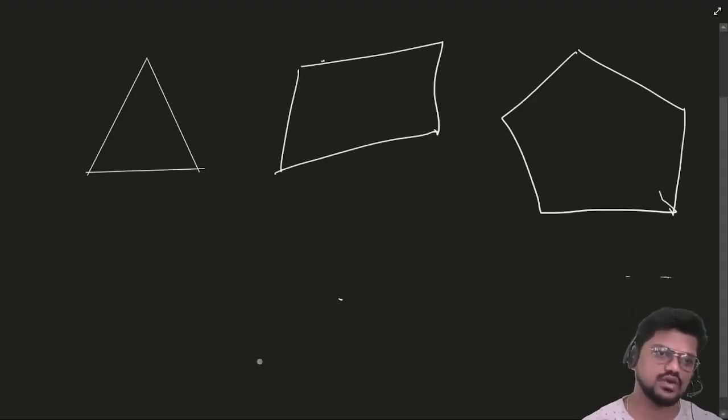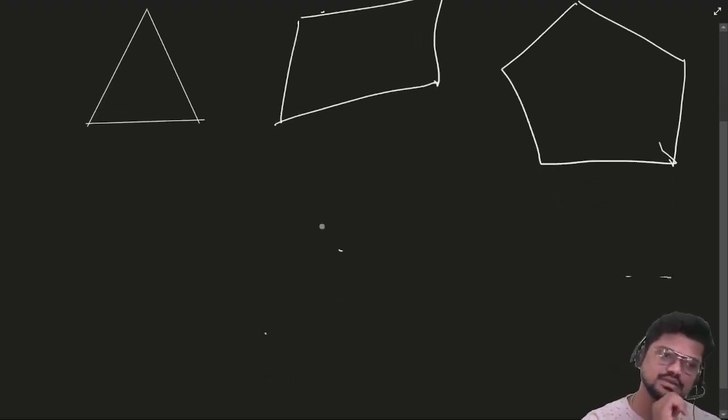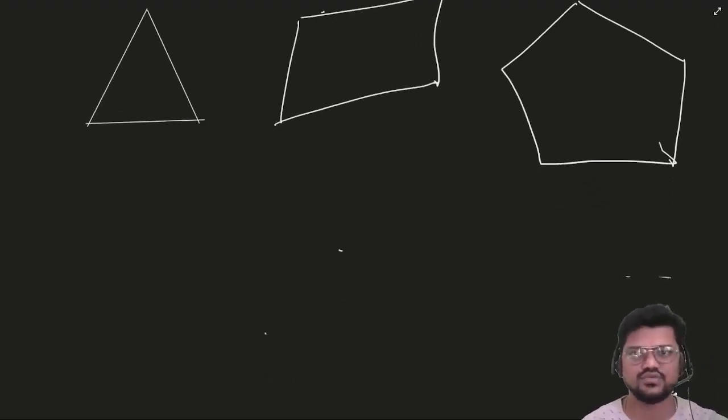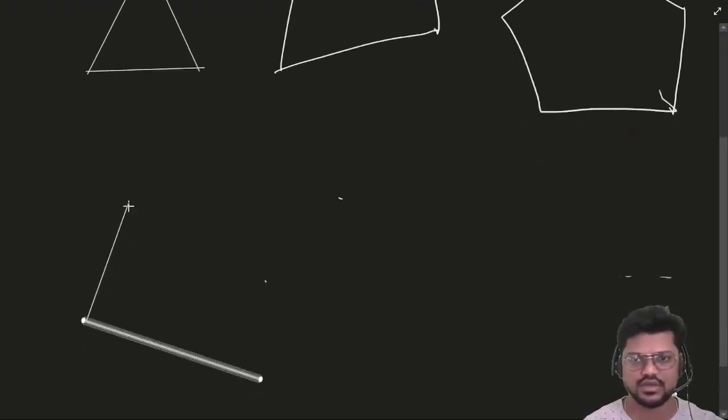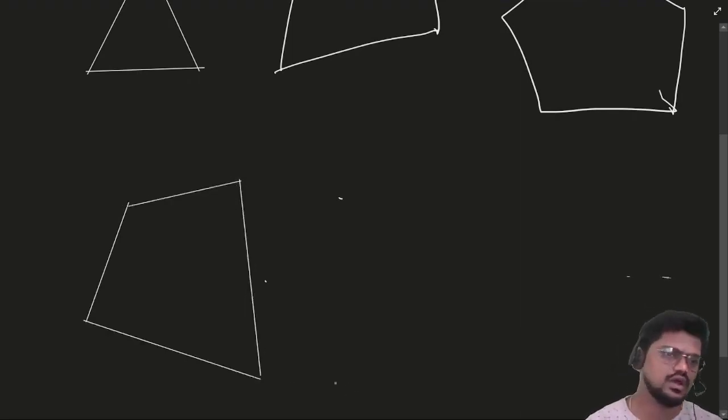Now, the first thing: what is the angle sum property in a quadrilateral? Suppose you draw any type of quadrilateral like this. You can take your protractor and measure all the angles.